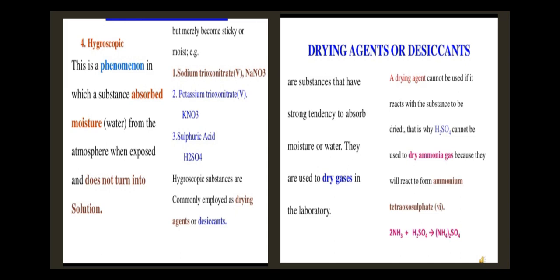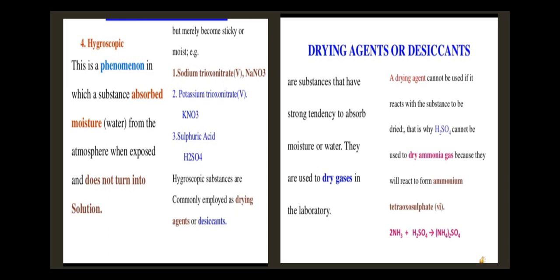Now, drying and dehydrating agents are substances which can readily absorb moisture from other substances without reacting chemically with them. There is just a slight difference between hygroscopic substances and drying agents. Hygroscopic substances are also commonly called drying agents or desiccants.